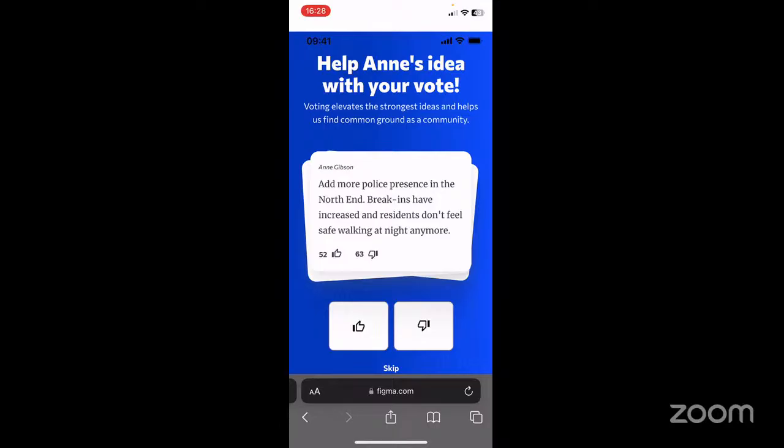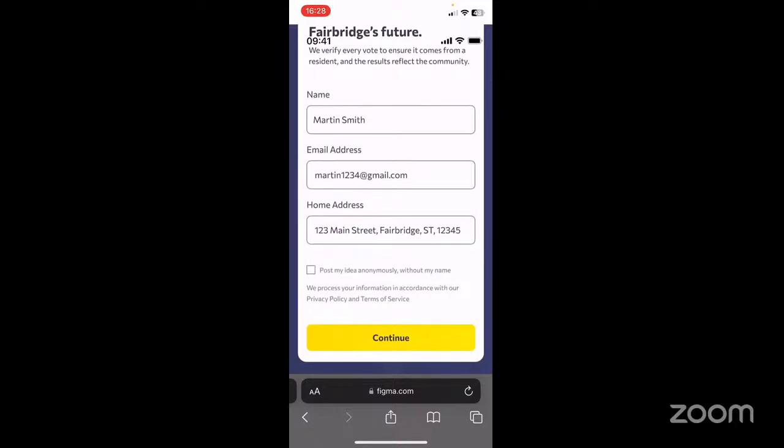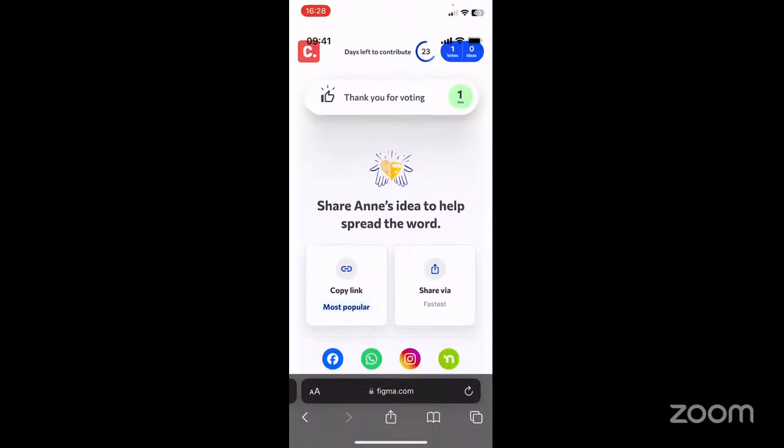So this is super helpful. Let's have you provide your information just to proceed from there. Not sure the field works. I can click, oh, continue. Okay, and what would you do at this point?